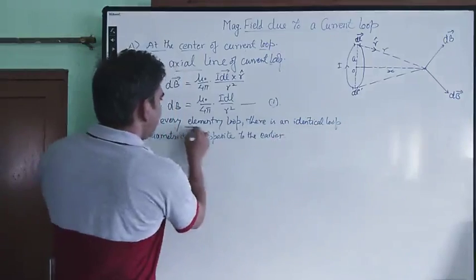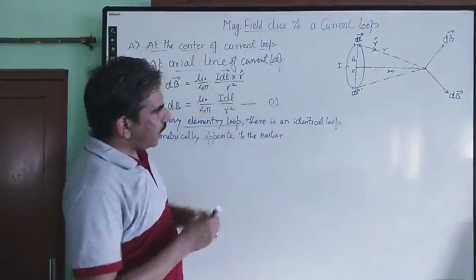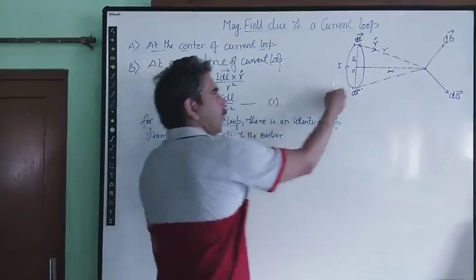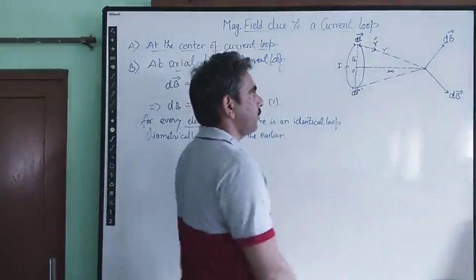So each and every elementary element will have an identical element lying diametrically opposite, and this will give the same magnetic field at point P in terms of magnitude, and the direction will be different.